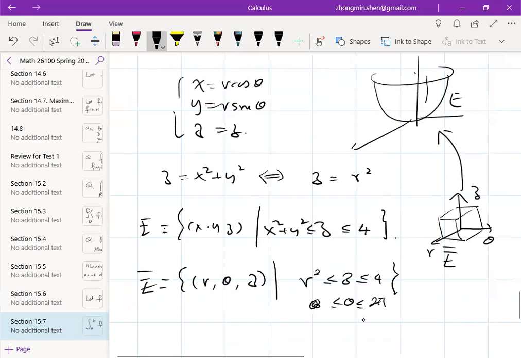That means we actually only consider this piece. Right? We only consider this piece.